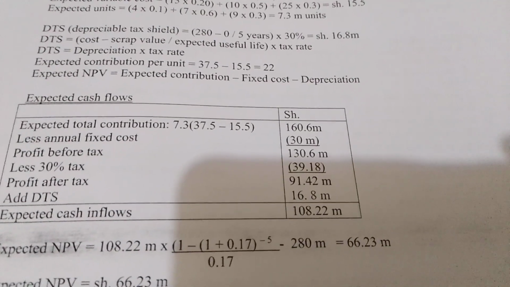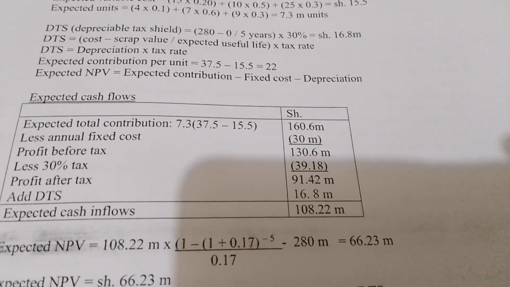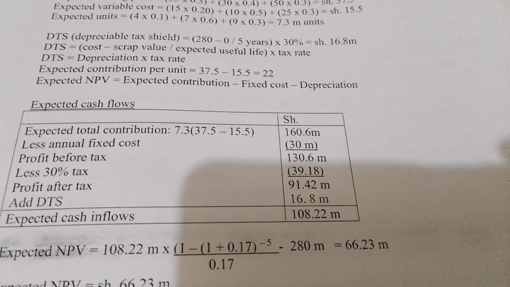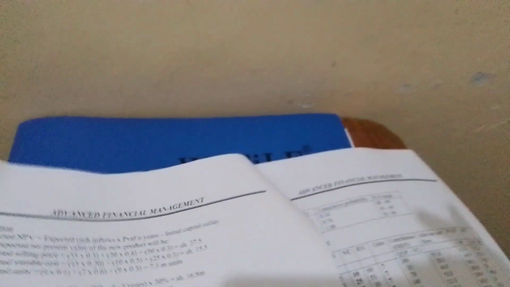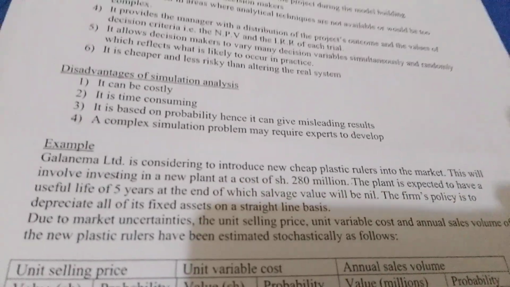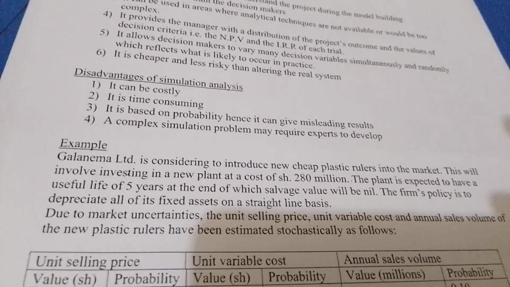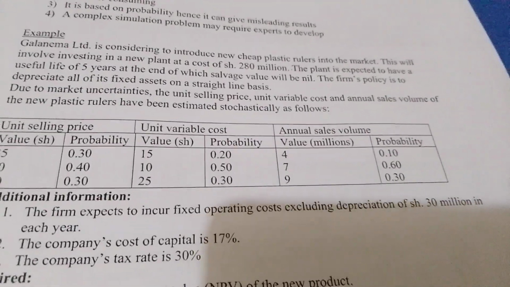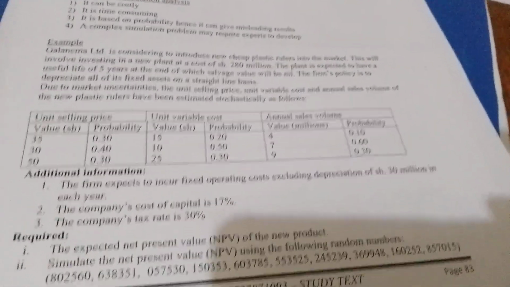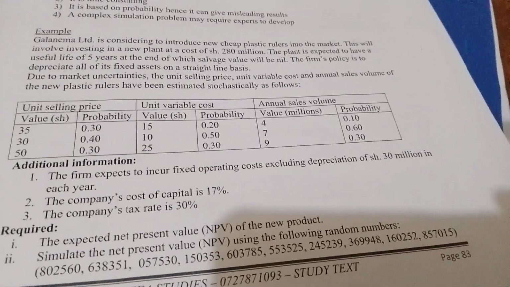Once you get contribution, you less annual fixed cost. We've been told from the question the annual fixed cost. Is that what we have been told? Hopefully, that is additional information number one.